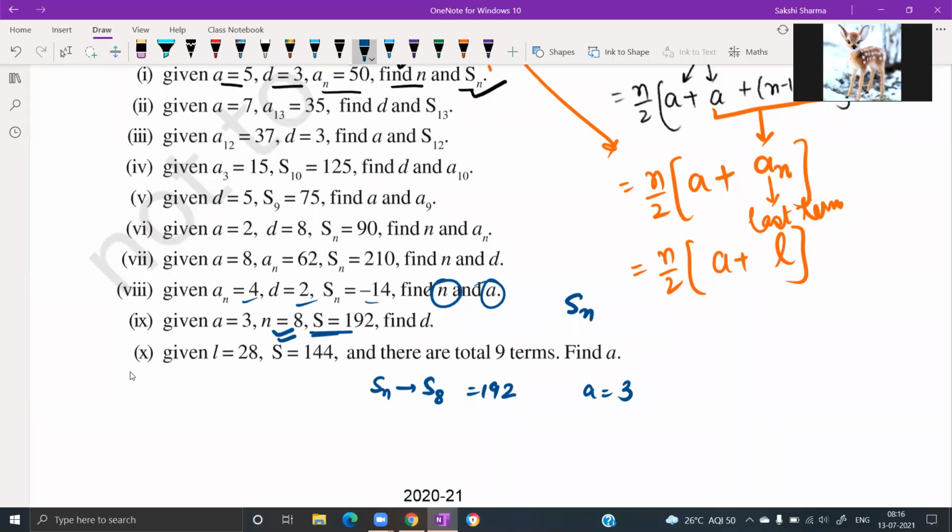Yes, ma'am. It's actually one equation to be solved, right? The formula for Sn will contain n, a and d. You have a, you have n, and you have to find out the value of d.